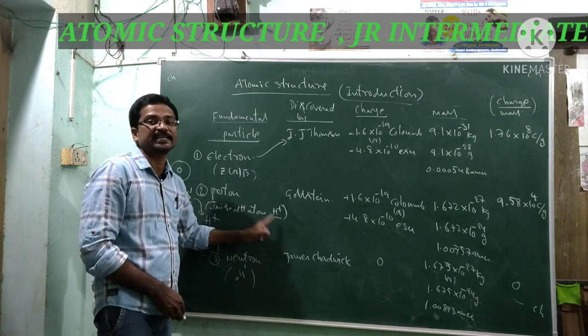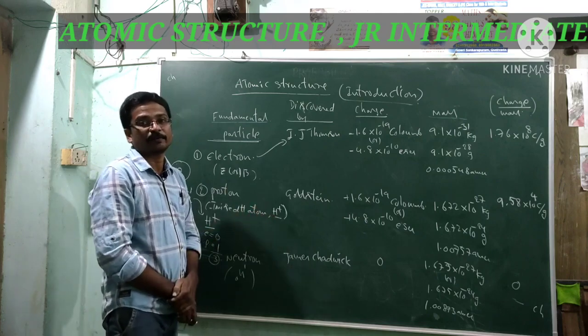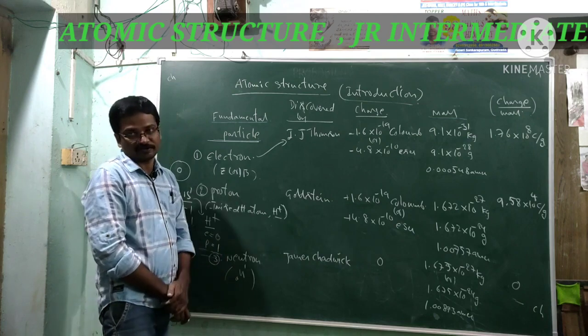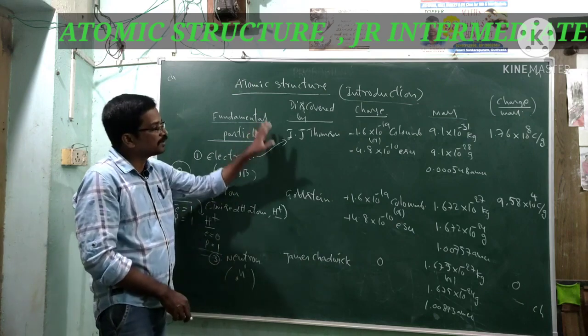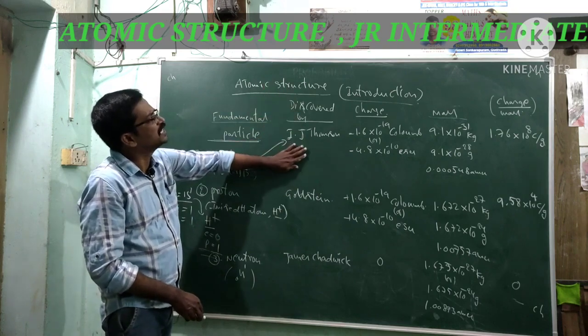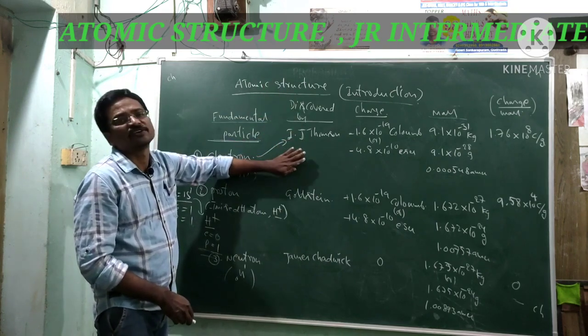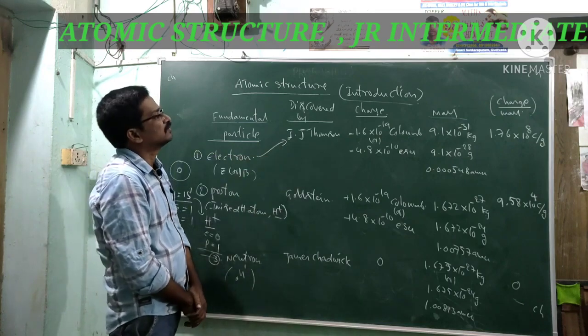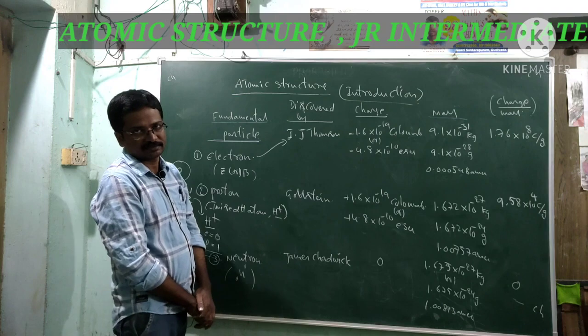Why do we represent a proton as H plus, and how can we represent a neutron? These are the fundamental particles, and this is the introduction class for the atomic structure.